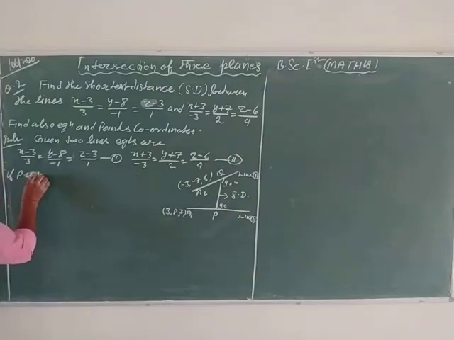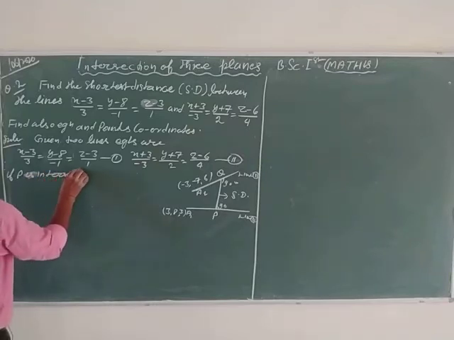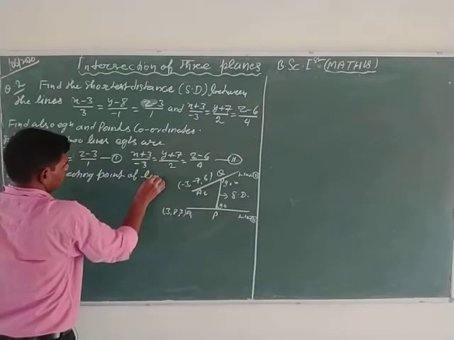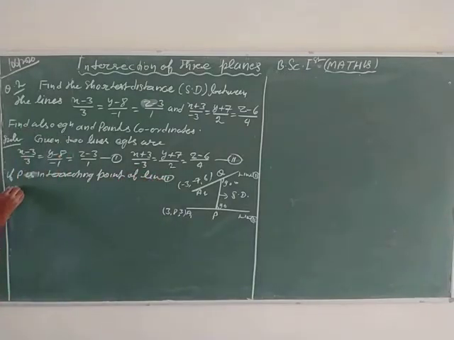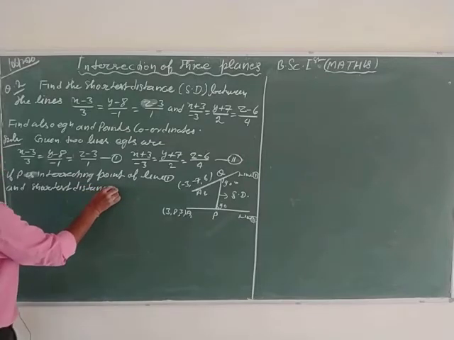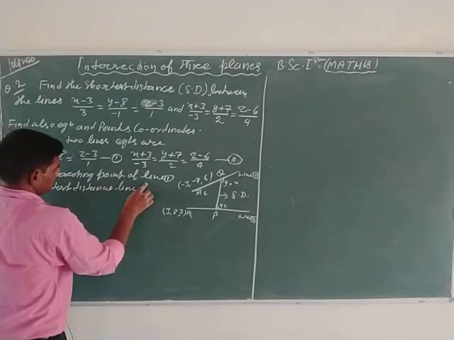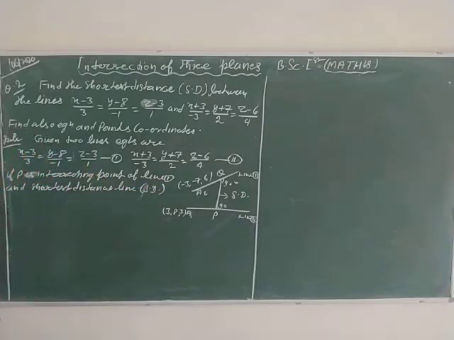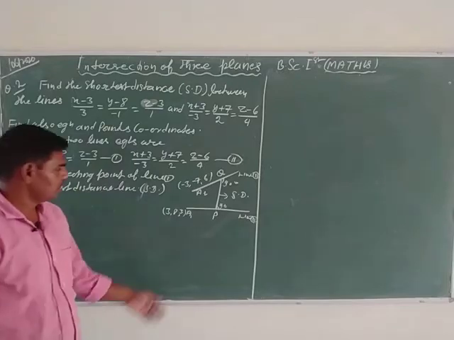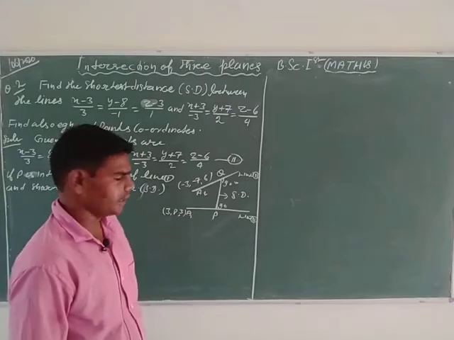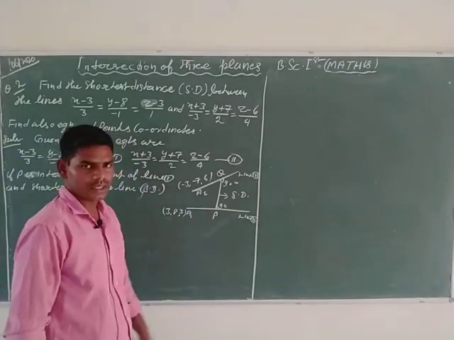Capital P is the intersecting point of line first and the shortest distance line, meaning the SD line. Then, for line first, applying the rules of lines, you can find the intersecting point coordinates.